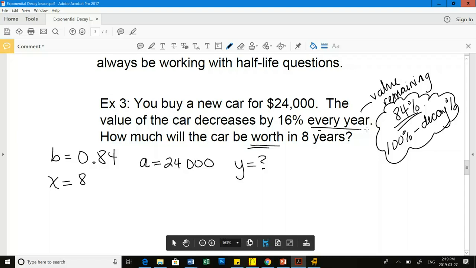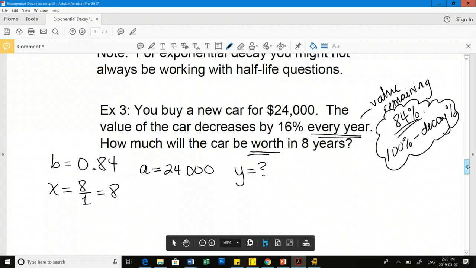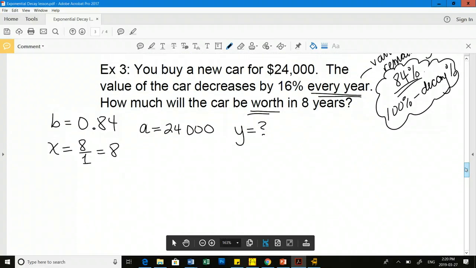Every year. So really, this is 8 over 1, which just gives us an X value of 8. So we're going to enter this into our equation: 24,000 times 0.84 to the exponent 8. Follow BEDMAS rules, please.